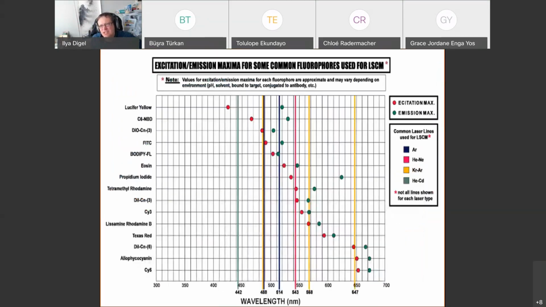Let me show just how different the Stokes shift is for different compounds. Here we see some common fluorophores that are used in modern fluorescence microscopy. Some of them you might have heard before, like FITC, like eosin, like Cy3, which is used in microarray DNA and microRNA analysis.